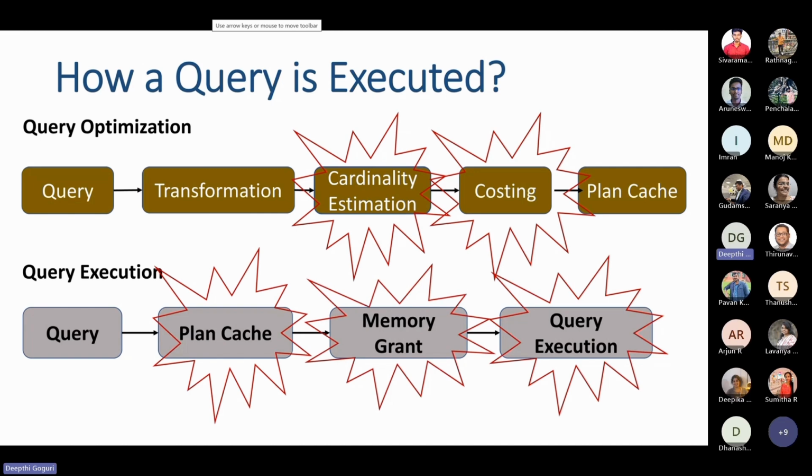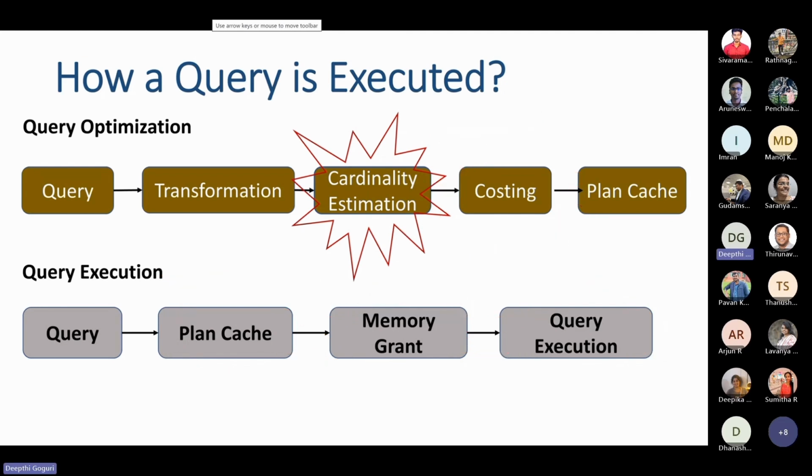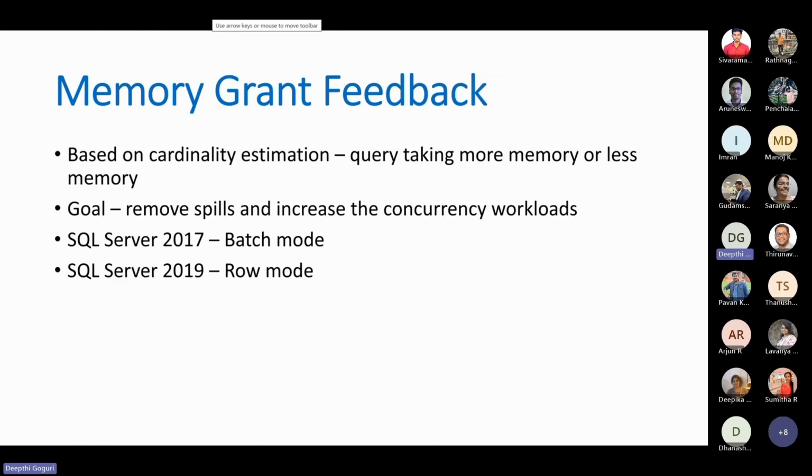Either you'll get timeouts, or a query which should execute in 1 second will take 8 or 9 minutes to run, which is not good, right? And all based upon this single thing known as cardinality estimates, which is nothing but the statistics. So why am I talking about that? Because memory grants are solely based upon those cardinality estimates.